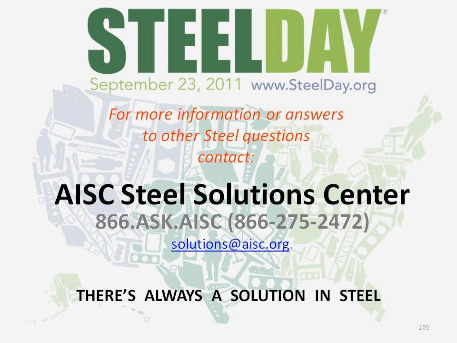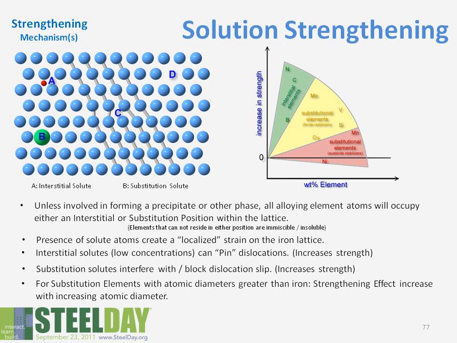And then someone asked about the expression equivalent carbon content. Can you discuss this and its importance? Yeah, I'm going to go back to a slide here real quickly, slide 77. If we look at this little graph here, increase in strength versus weight percent in element, there's two ways to look at carbon equivalent. Most often it is used in welding. It can also be used in heat treatment. It can also be used in building or designing strengths.